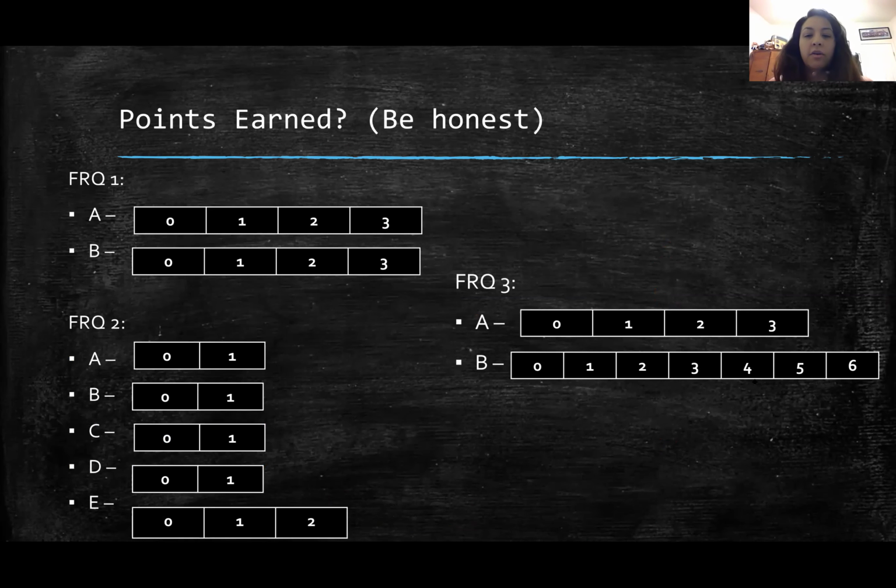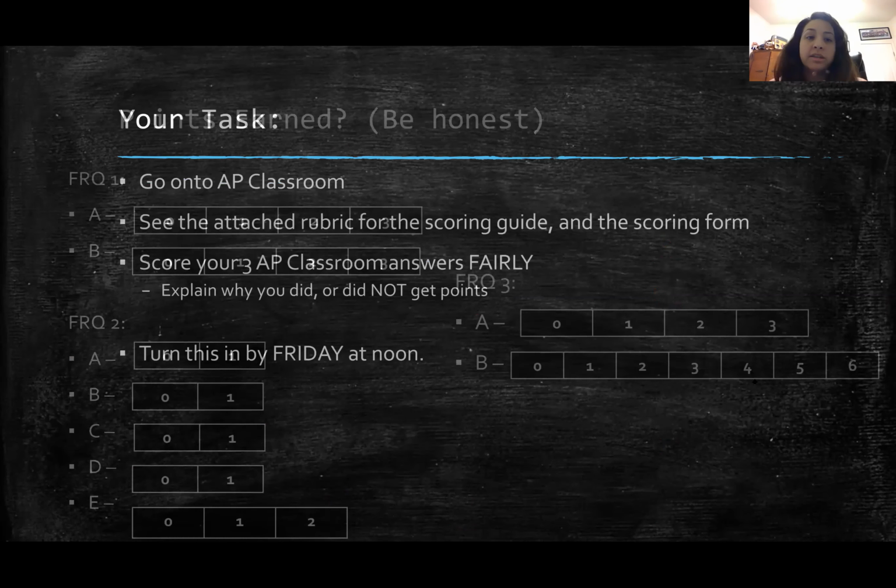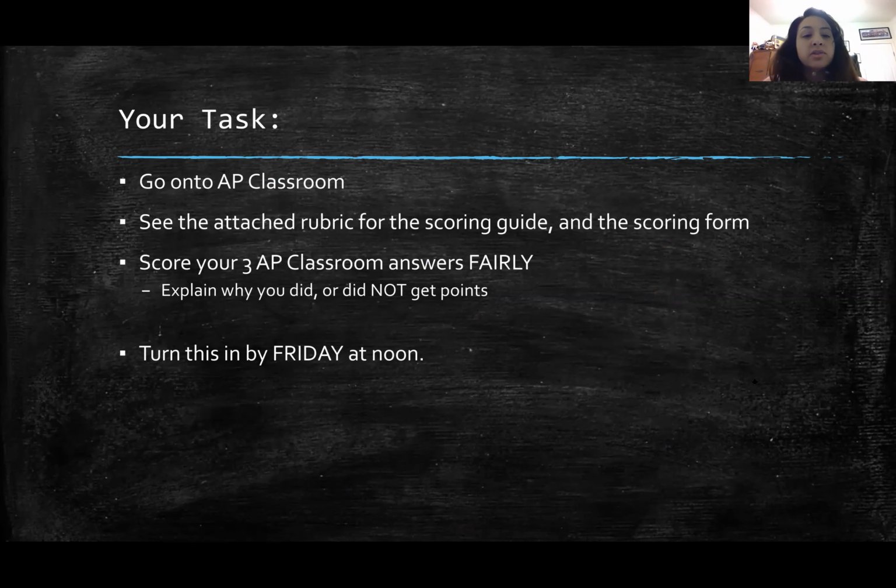All done. Okay, so what you guys need to do is be really honest. You need to go to AP Classroom and see the attached rubric for the scoring guide and the scoring form. Those are both in Google Classroom alongside the link to this video. So take those out, look at your AP Classroom and see what you answered. Score your 3 AP Classroom answers fairly.